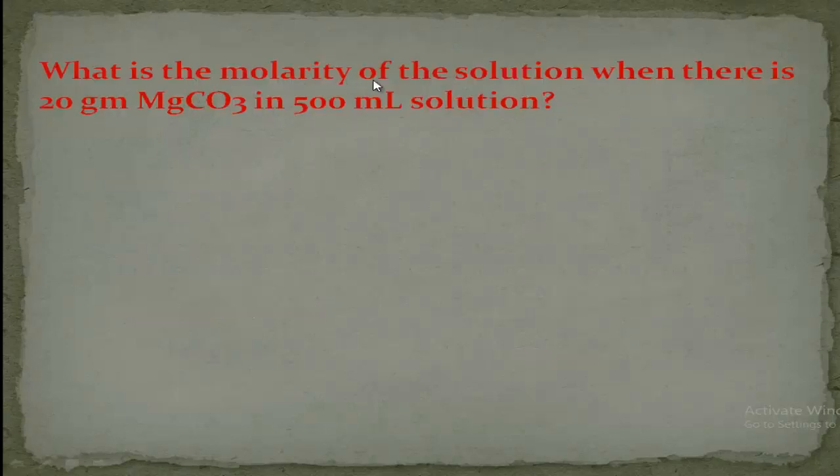What is the molarity of the solution when there is 20 gram magnesium carbonate in 500 milliliter solution? It's fine, no problem, because volume V and W, 20 gram, are given. We have to determine the molarity, and we also know the molecular mass of magnesium carbonate.